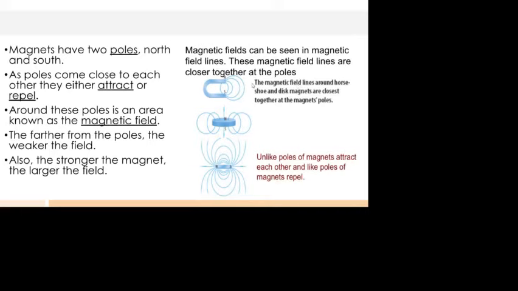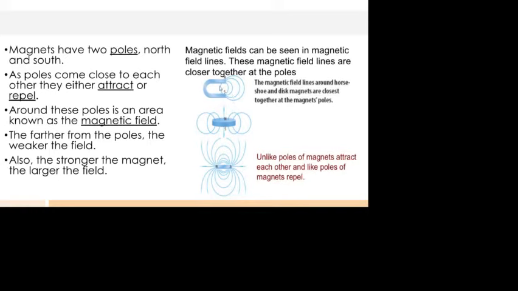And if we look here, right around the poles of the magnets, we see the magnetic field as shown by the magnetic field lines. Now, of course, normally these magnetic field lines are invisible, but there are things we can do to make them visible. I used iron filings in the classroom to make those field lines visible.